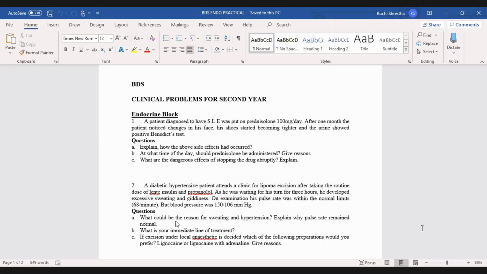So why did the patient develop sweating and giddiness?